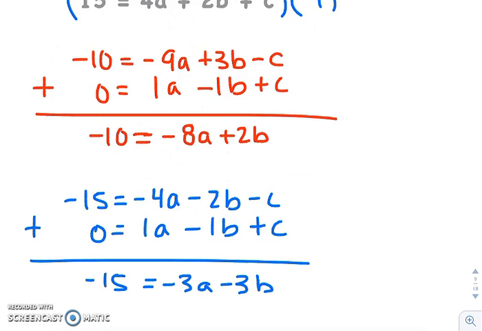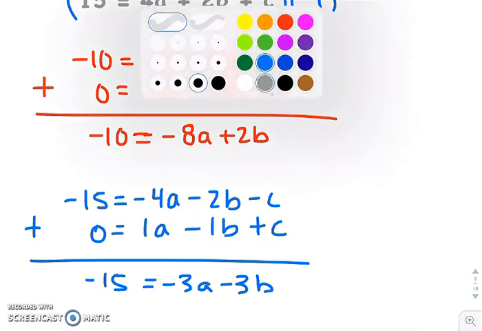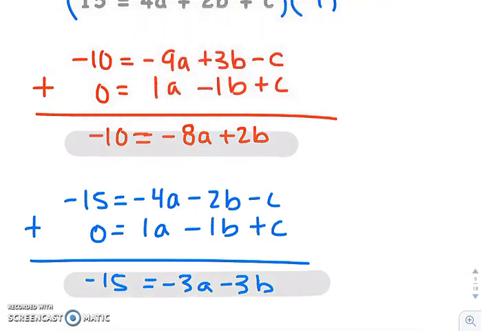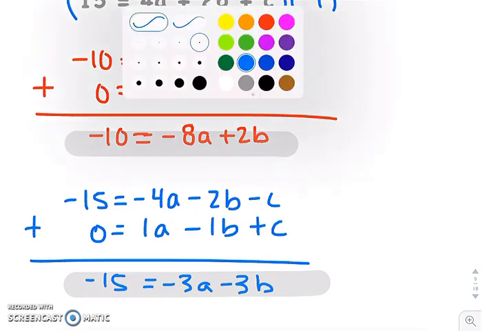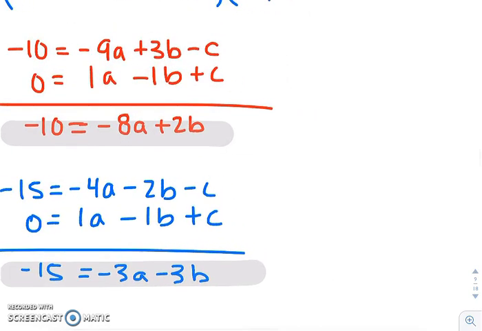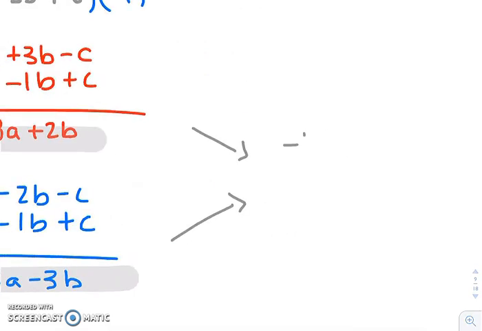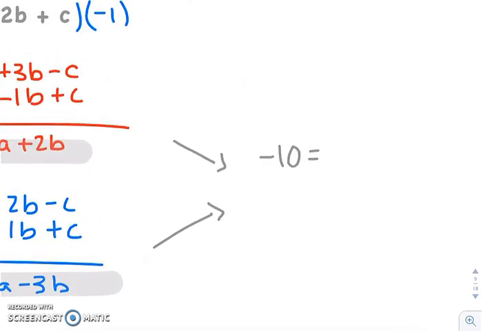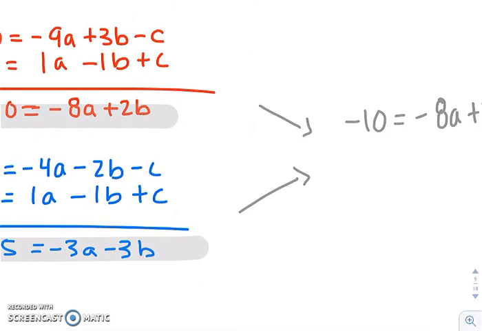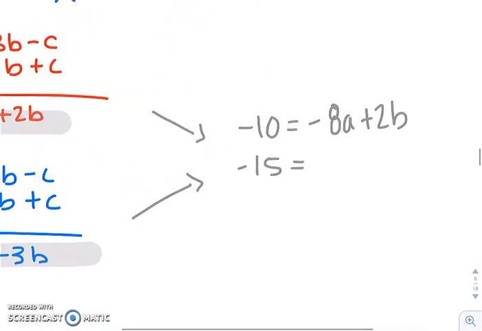So this is when we take the two equations with the two variables and we line them up to eliminate a variable. So -10 equals -8a plus 2b. And -15 equals -3a minus 3b.